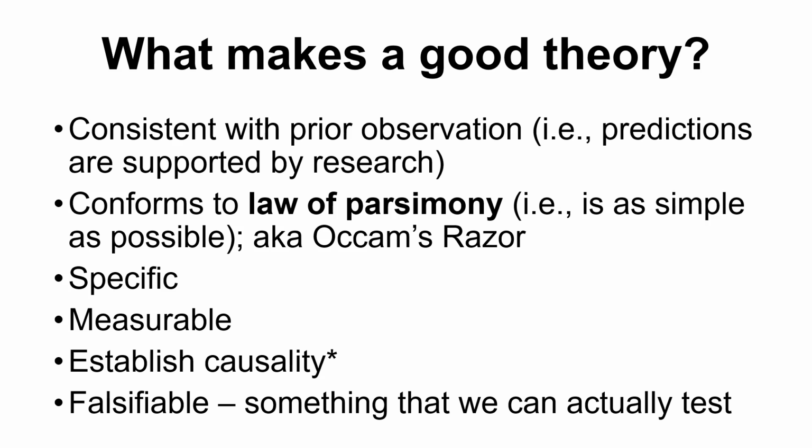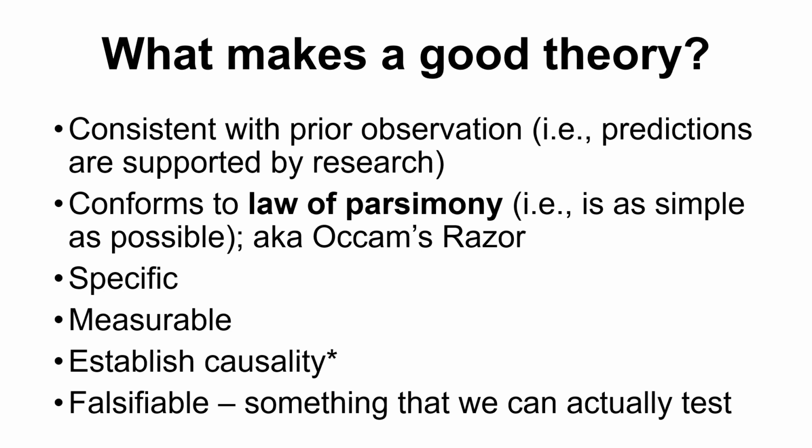Because we're specifically talking about experiments, a good theory would allow us to establish causality. If we can measure it and be specific about what we're looking at, if this theory is correct, then we should see these hypotheses, and that helps us establish causality.